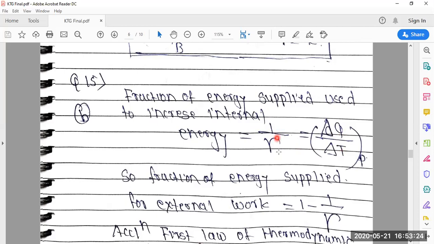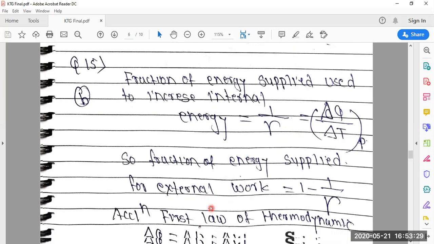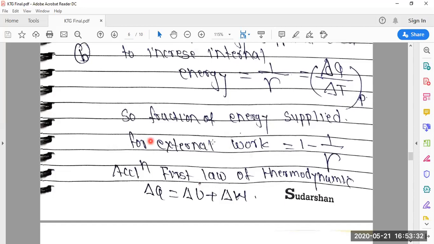So this is the change in internal energy. The remaining heat is used to do the work. So the fraction of energy supplied for external work is 1 minus 1 upon gamma. This completely depends on the theory, the first law of thermodynamics: dQ, the total heat supplied, is used to change the internal energy and to do work. So the correct option is B.